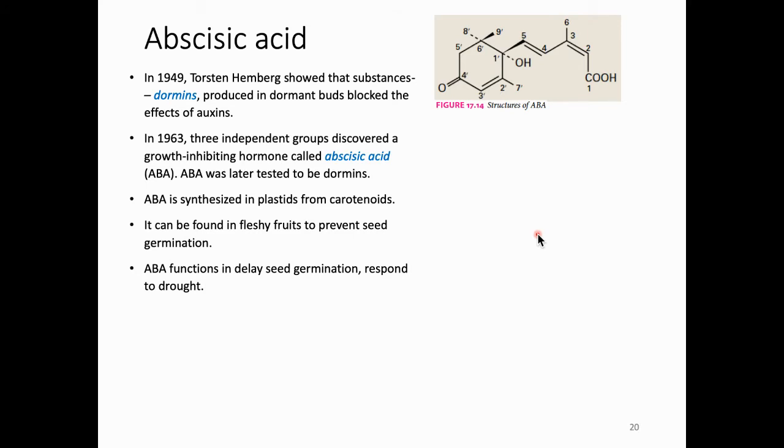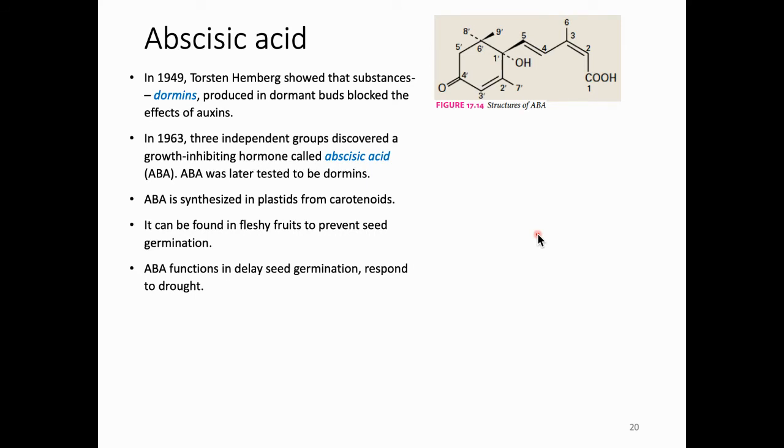The cell gets longer, grows bigger. The GA can promote internode elongation, and cytokinin promotes cell division. But from now, abscisic acid and ethylene, these two hormones are more like inhibiting growth or promoting aging.